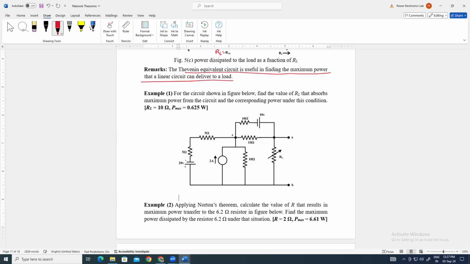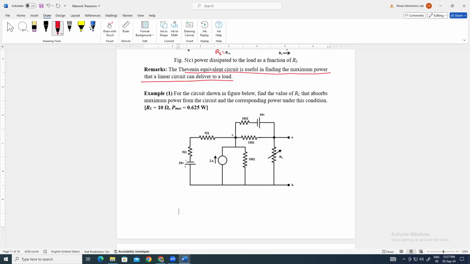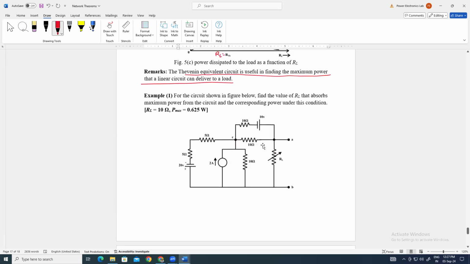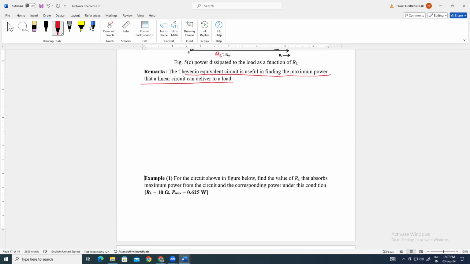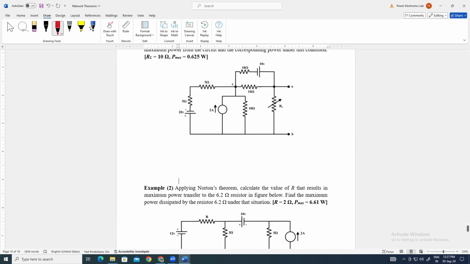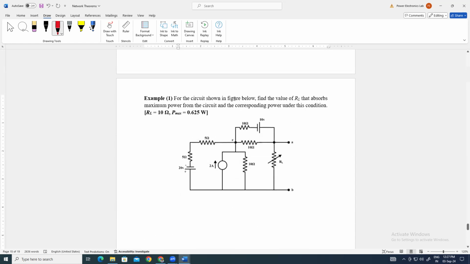For the circuit shown below, find the value of RL that absorbs maximum power from the circuit and the corresponding power under this condition.